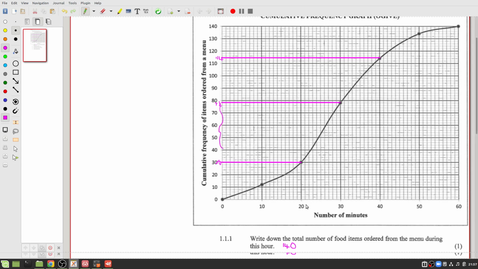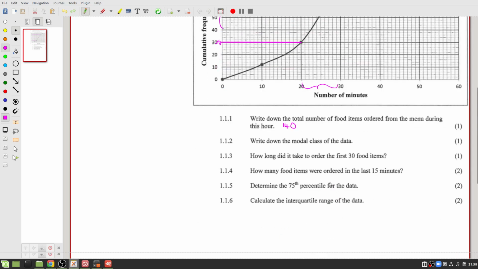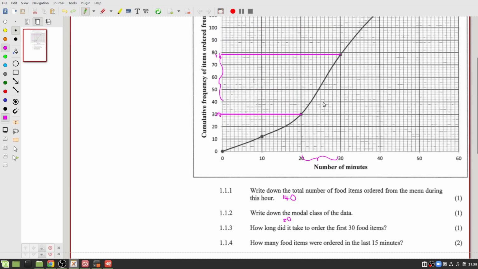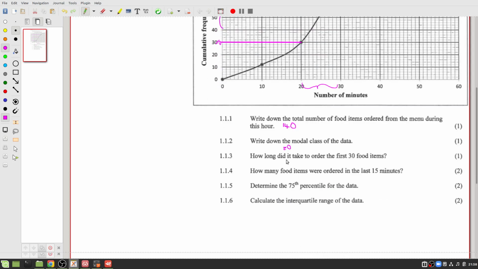So that means this is our modal class. So you just want to check which one has the highest jump. Okay, so our modal class is 20 to 30. It doesn't really matter how you write it. It's the number of minutes, right? So minutes is between 20 and 30.